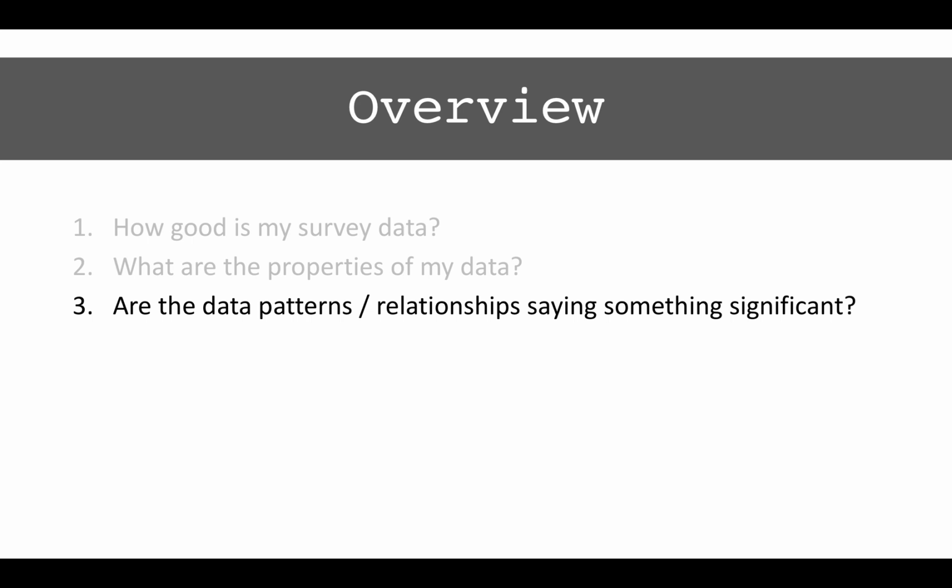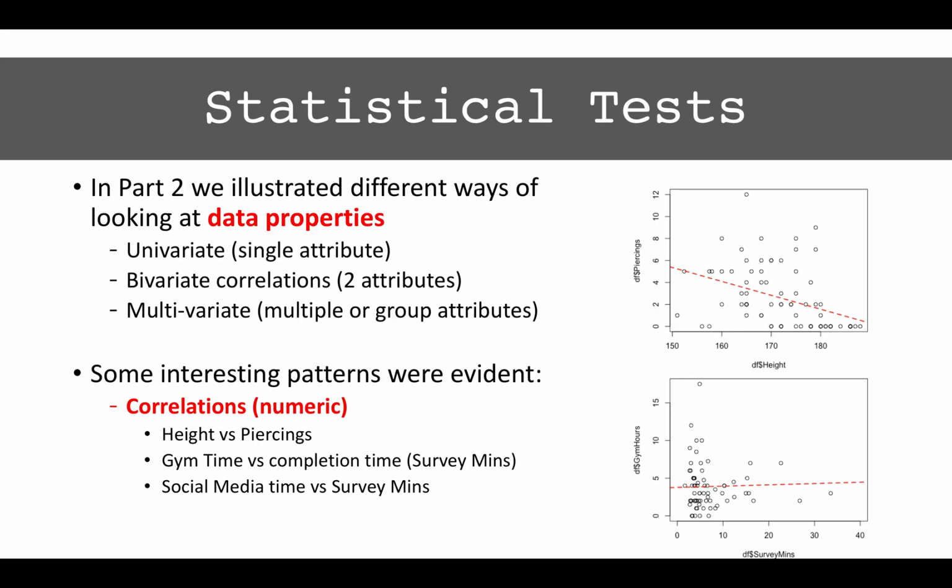The final part of the lecture is to determine whether the patterns and relationships that we observe in the data are significant in some way. And what we did in the last part, in part 2, was to examine data properties. We looked at single attributes, we looked at bivariate correlations between two variables, and we looked at group attributes as well.